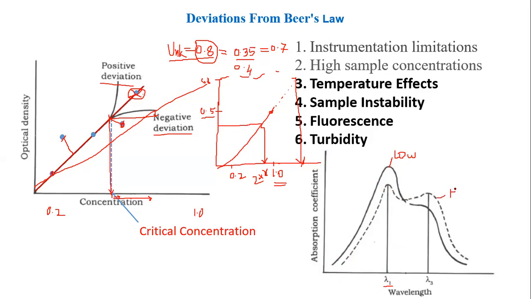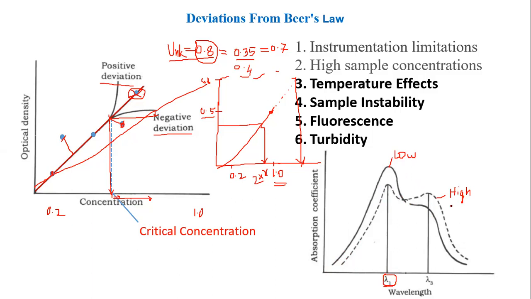What I'm actually doing is that I have prepared a low concentration solution of my sample, and I check its absorption characters at different wavelength values, and I plot ODs at different wavelengths. I get this kind of pattern of absorption, from which I can figure out at which wavelength the compound absorbs maximally. So at low concentration, it absorbs maximally at lambda 1.